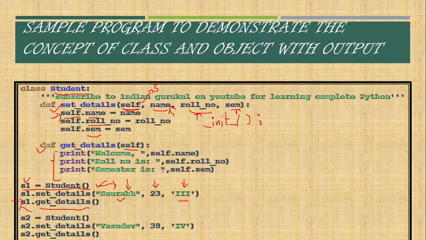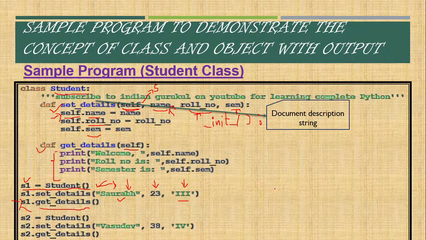Then semester is third, since self.sem had the value third. In the same way, when s2.get_details is called, all these three statements will be executed once again, and it will be written as welcome Vasudev, roll number is 38, and semester is 4th.